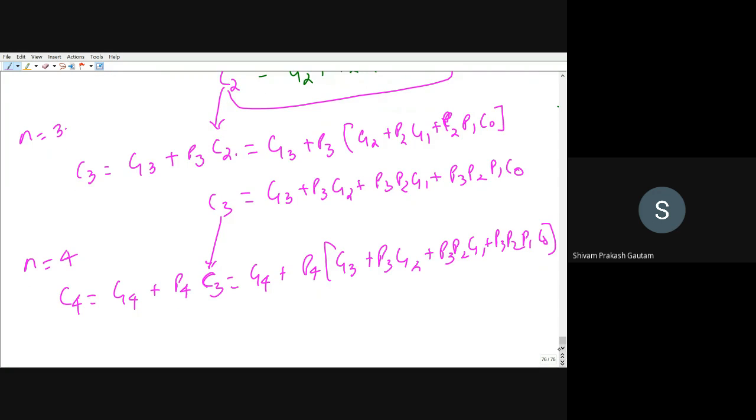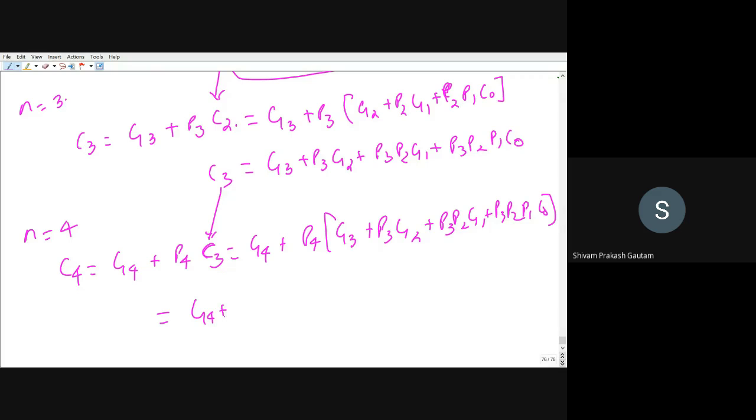Now simplify this. So this will be equal to G4 plus P4 into G3 plus P4 into P3 into G2 plus P4 into P3 into P2 into G1 plus P4 P3 P2 P1 into C0. This is our final C4.